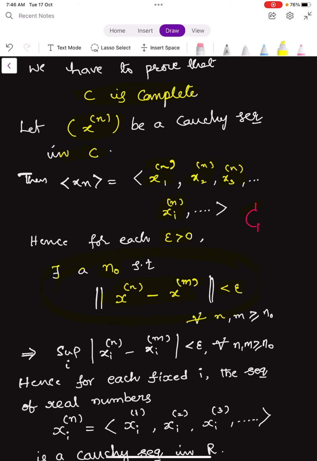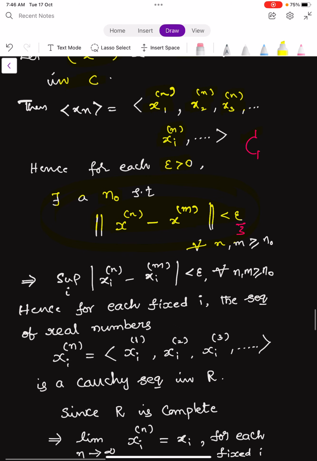Instead of epsilon, let us take epsilon by 3: norm x power n minus x power m is less than epsilon by 3. This inequality can be written by using the definition of a Cauchy sequence.